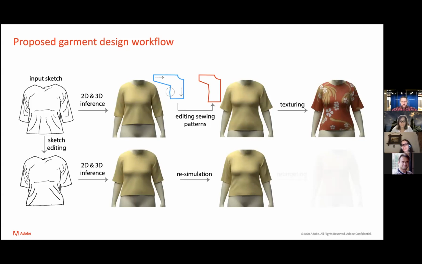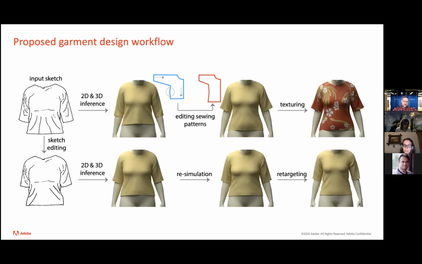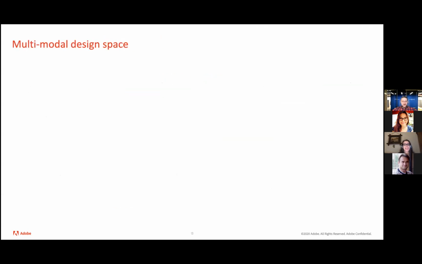Another property of a good design system is actually retargeting. So let's say I designed this garment for a particular body shape, and now I want to retarget it to a different body shape while preserving its look. So if we can also automate this retargeting process, it's very useful. So how can we build such a system? What we did in this work was to basically make use of machine learning and large-scale data sets.